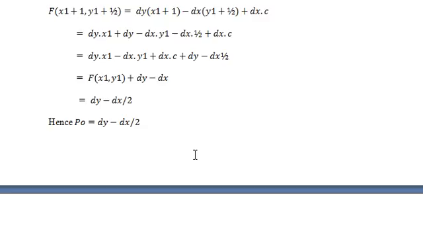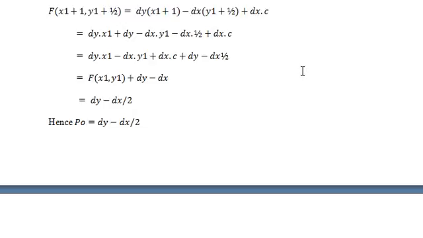To make a decision, we use the line equation, that is y is equal to mx plus c. If we move y to the right side, our equation becomes mx minus y plus c. Here m is equal to dy by dx.